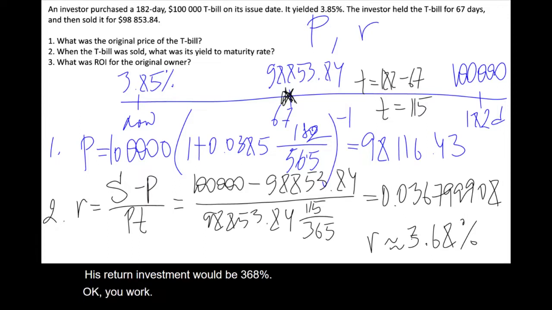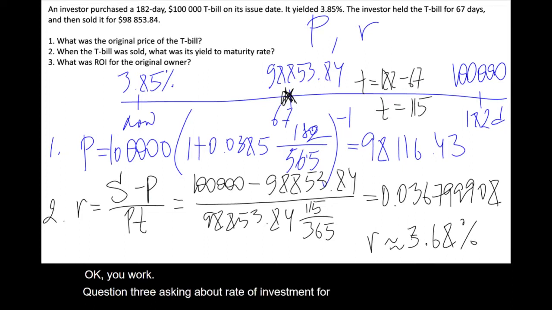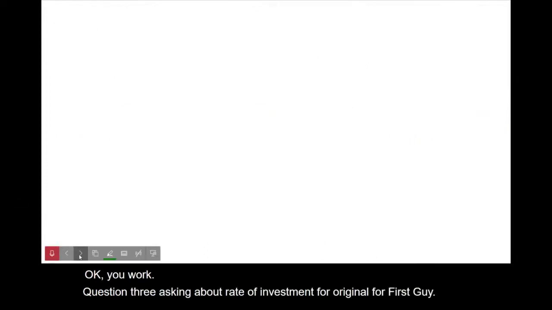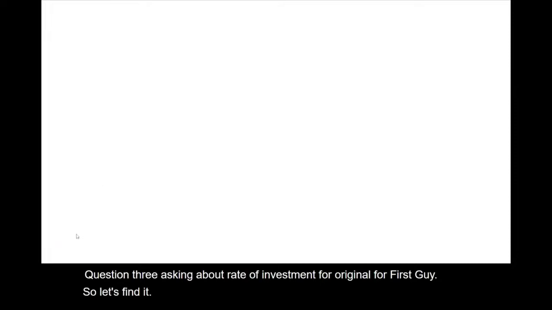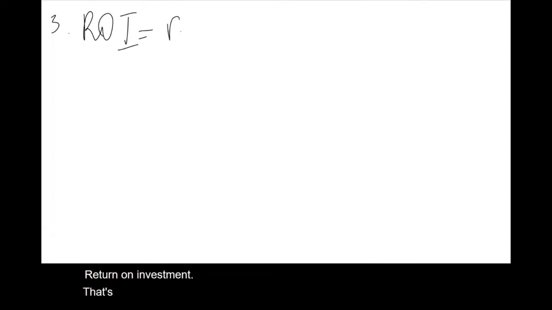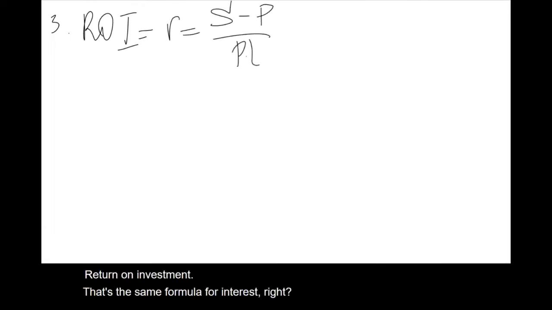Question 3 is actually asking about the rate of return on investment for the first guy. So let's find it. Return on investment, that's the same formula as for interest rate, right?